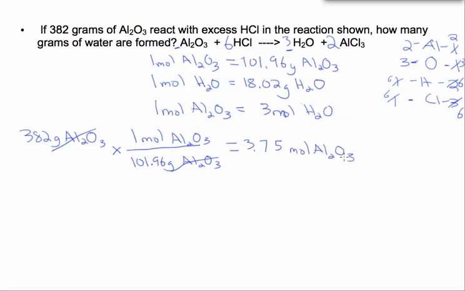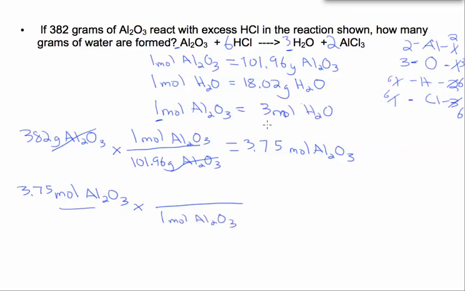So next we have to use mole ratio to get from moles of aluminum oxide to moles of water. This is the only time we might have a number other than 1 in front of moles. So we have moles of aluminum oxide here. We have to put moles here. And our conversion factor says it's 1.